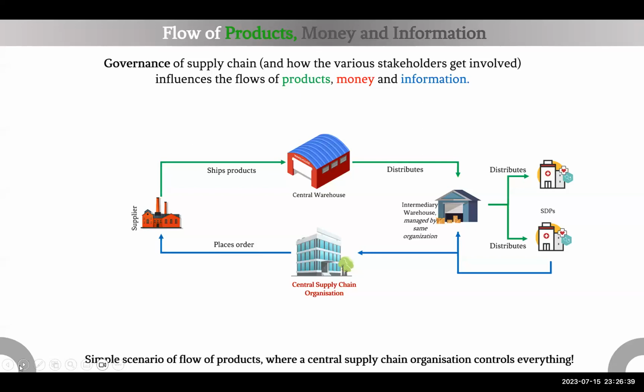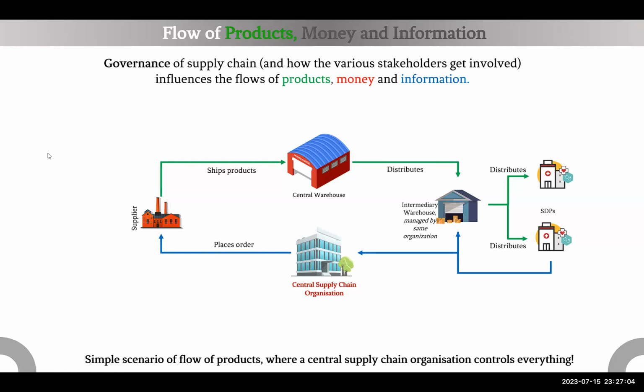Different governance decisions affect these different flows. Initially, we discussed whether the governance is centralized or decentralized. So having a centralized system for supply chain will have a different flow of products, money, and information than a decentralized governance system.